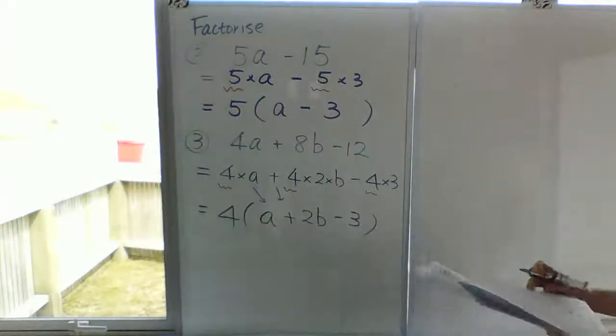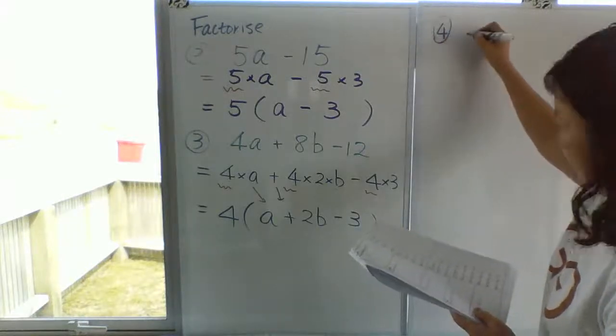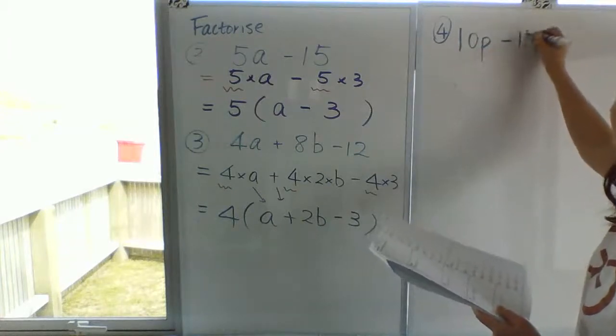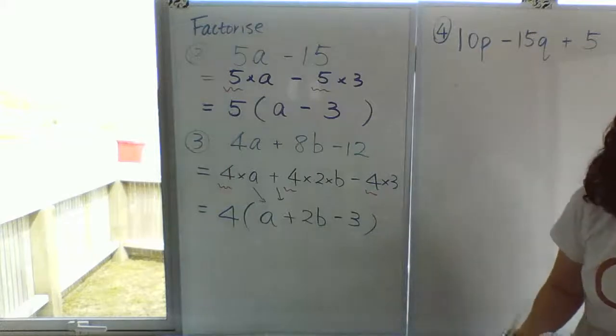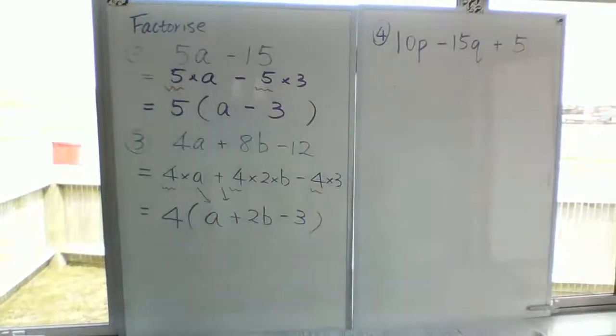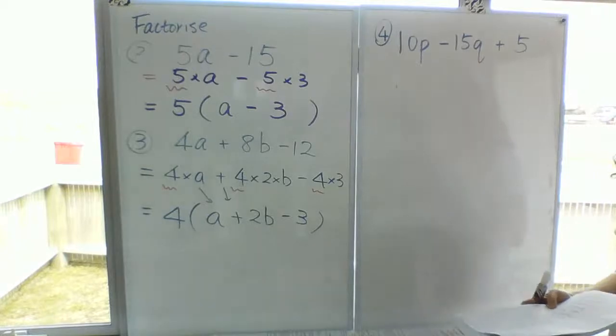Okay, so now let's have a look at another example. I have 10p take away 15q and plus 5. Now, can you please try this question by yourself? Okay, so I got a question 10p take away 15q plus 5.